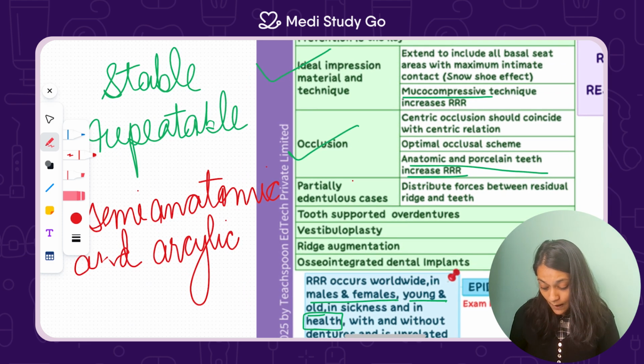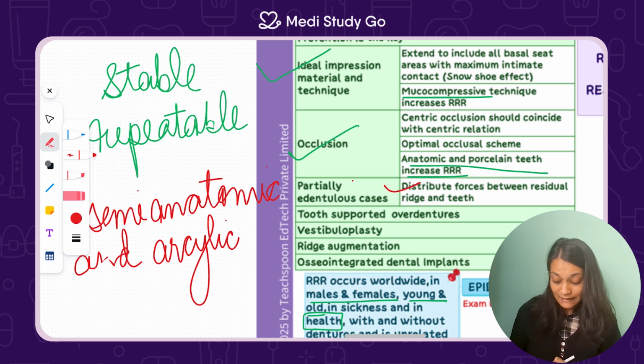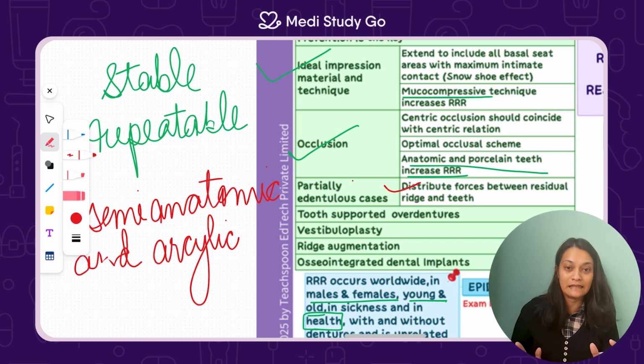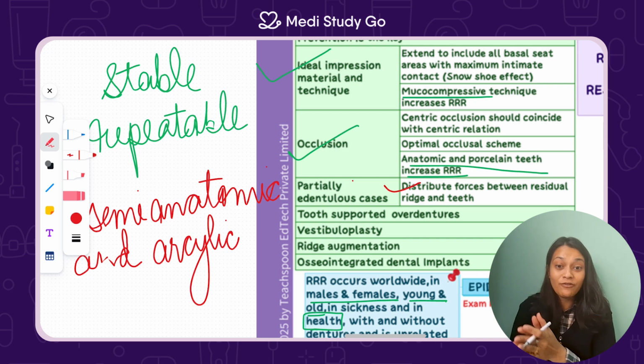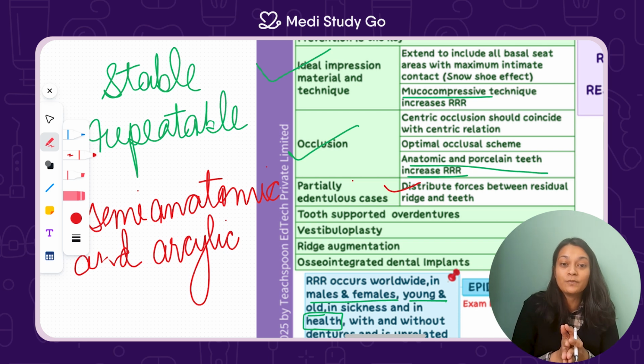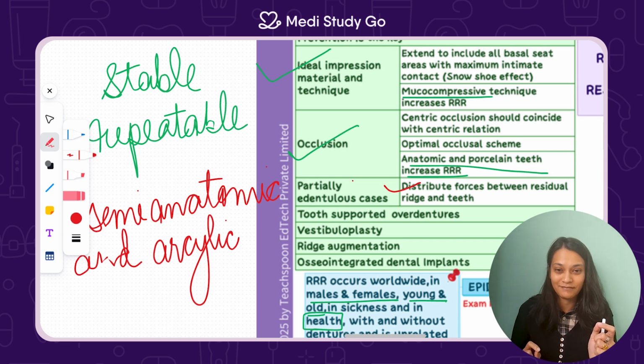Talking about the partially edentulous cases now, what is going to happen? There is going to be distribution of force between the residual ridge and the teeth. And we know that preserving teeth always is going to be advantageous to us because it is going to have one factor. Can you guess? Yes, it is the periodontal ligament. Presence of periodontal ligament will mean that it is going to have stimulation.